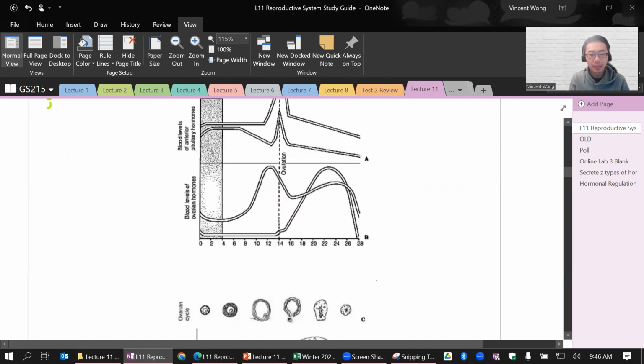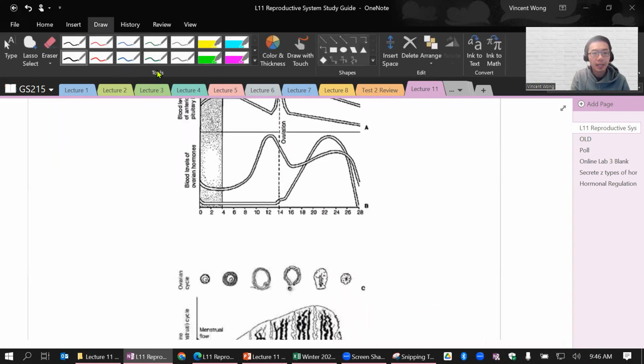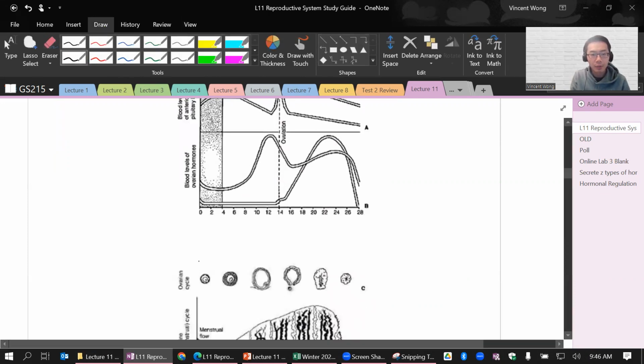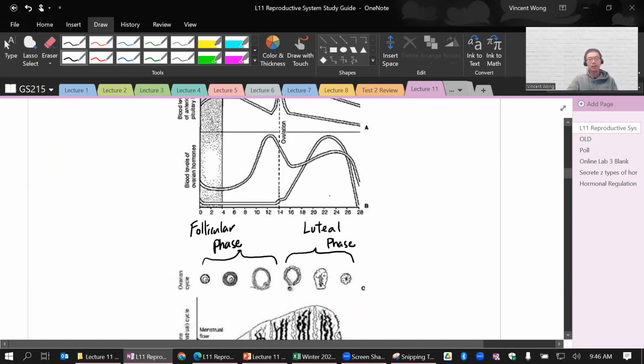In any case, over here, we have the follicular phase. That's the first half of the cycle. And then the second part, that's the luteal phase.